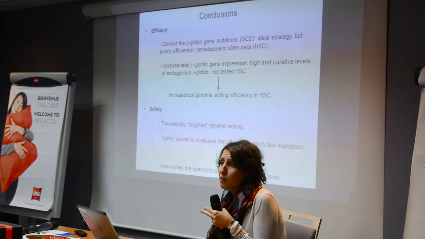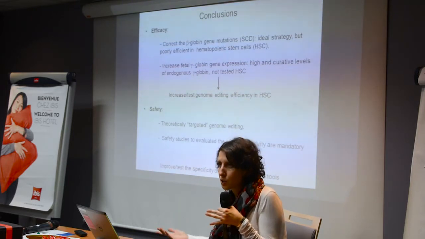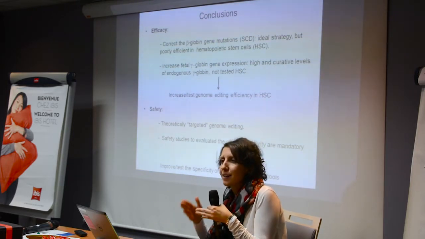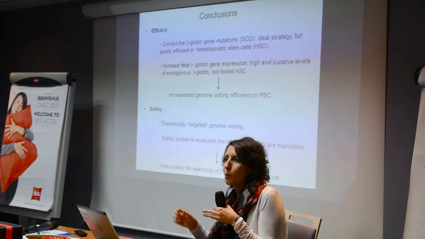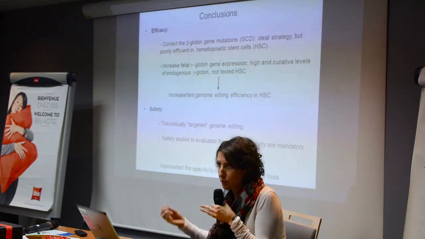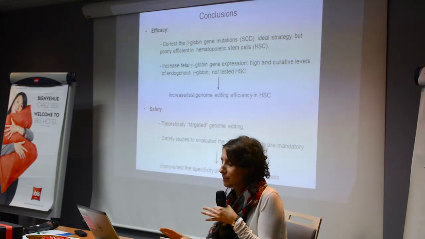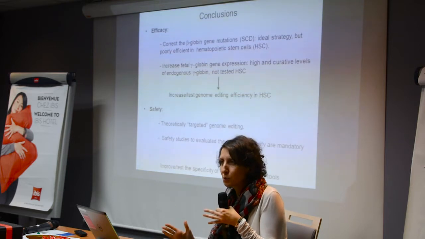And regarding the safety, of course, compared to lentiviral vectors, which integrate in several genes in the genome, this is a targeted therapy. So in theory, we are targeting only one specific gene, in our case, for example, in the first approach, the beta globin gene. But actually, this may not be completely true.